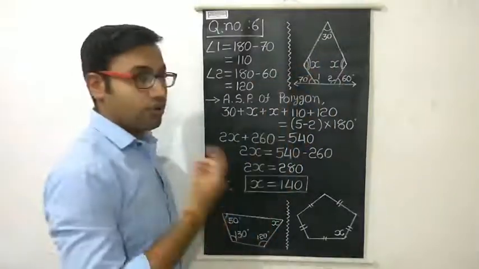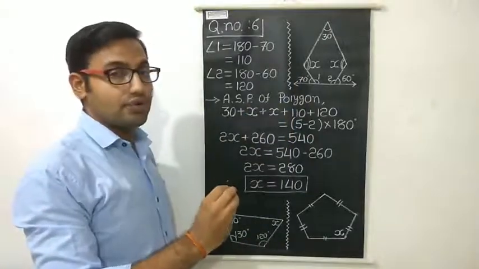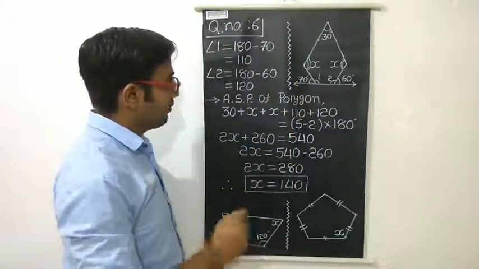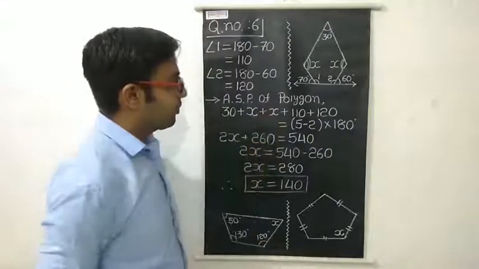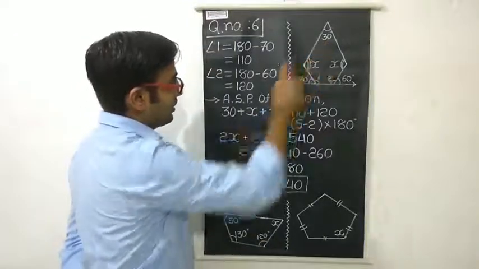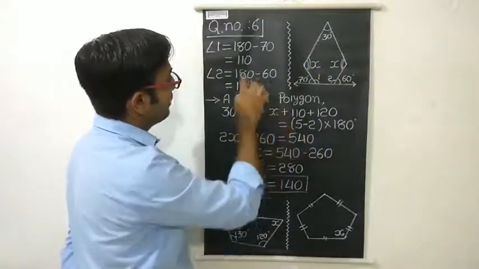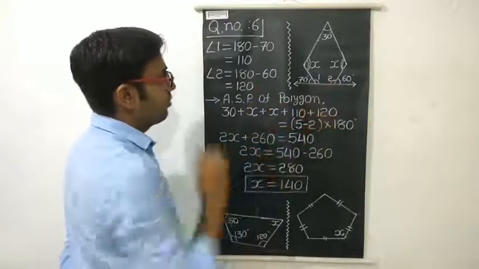We don't know the value of both these angles, but it is given that both the angles are equal. So now, using the angle sum property of the polygon, we can write the addition of all the angles: 30 plus x plus x plus angle 1, which is 110, and angle 2, which is 120.